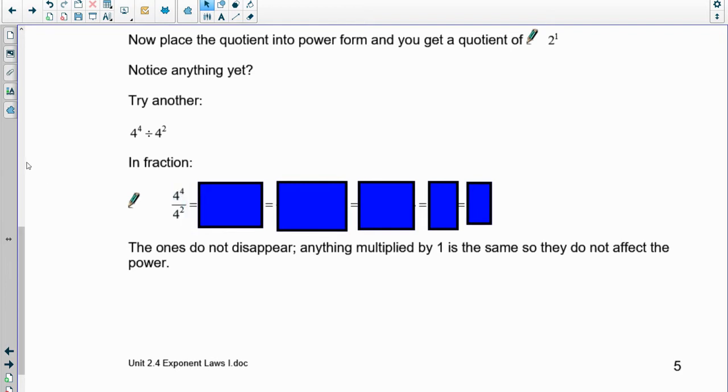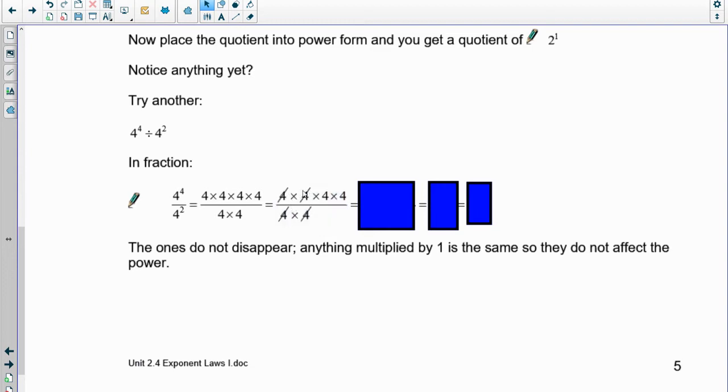There's our fraction. 4 to the power of 4 over 4 to the power of 2. All right. If I do this as products, 1, 2, 3, 4 on the top, 2 on the bottom, so 4 of them, removing 2, these would cancel out to become 1's, 1 and 1, times 4 times 4. And of course, 4 times 4 is 4 to the power of 2 here.